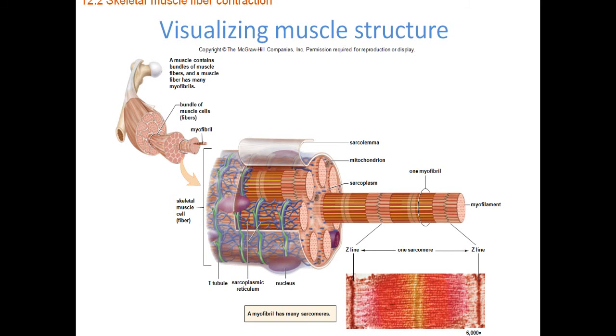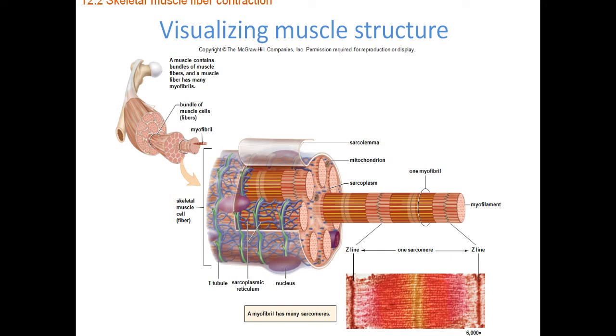Okay, so if we look at this, here's a muscle. Okay, so a muscle contains bundles of muscle fibers, and a muscle fiber has many myofilaments. Okay, so this is a bundle of fibers. Each one of these would be a fascicle.